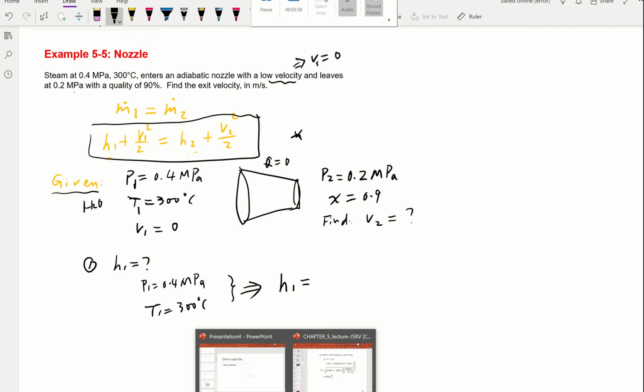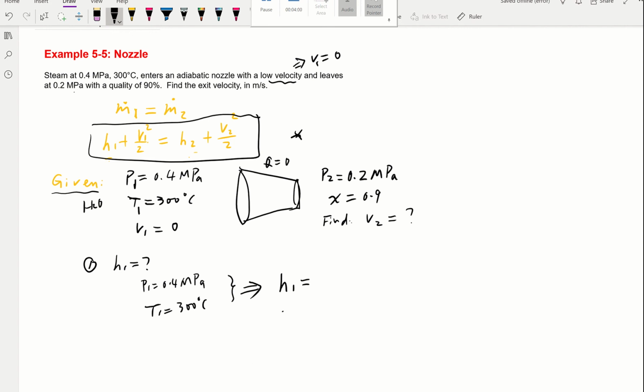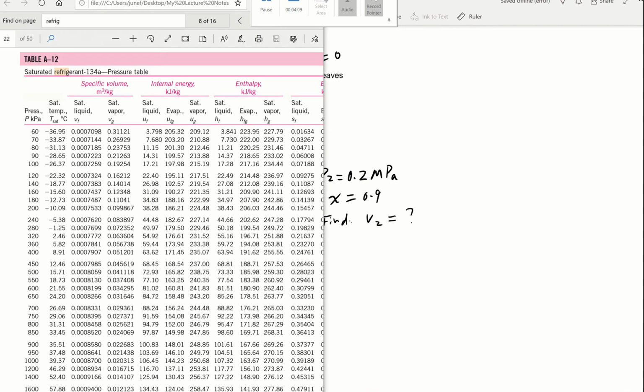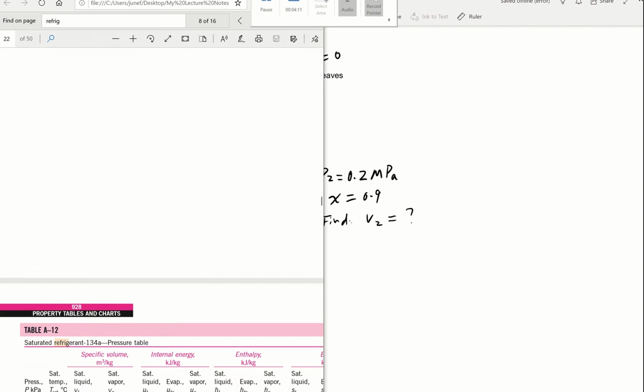So which table do we go to first? We don't know what phase, what region this belongs to, so I'm going to go to table A5, which is the saturated pressure table.